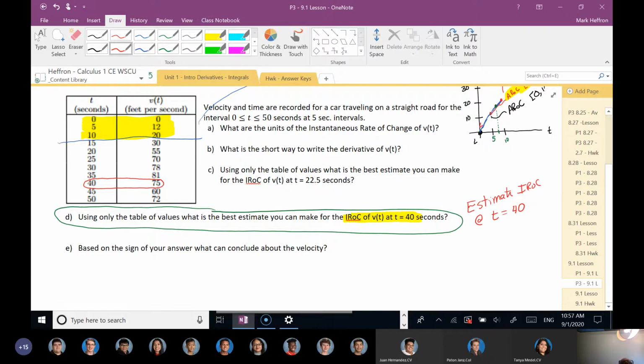Michelle, what interval are you going to use to find an estimate of the IROC at 40? I don't know. Can you help me?